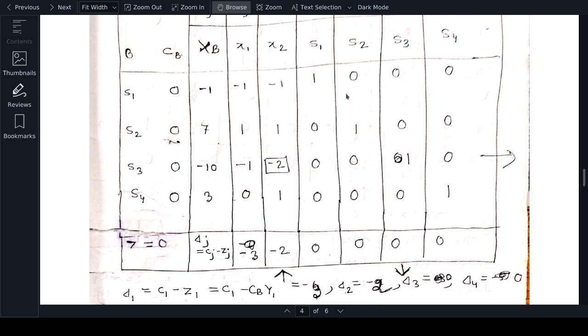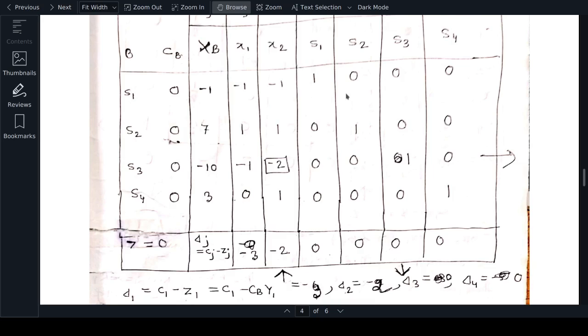Here you see -3 by -1, but we take the negative value, so this is 3. Then -2 by -2 is 1. Which one is the minimum? 1 is minimum, then 3. So that's why we chose that.